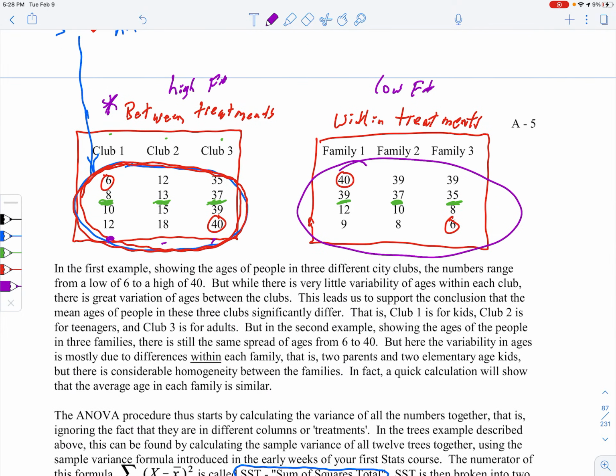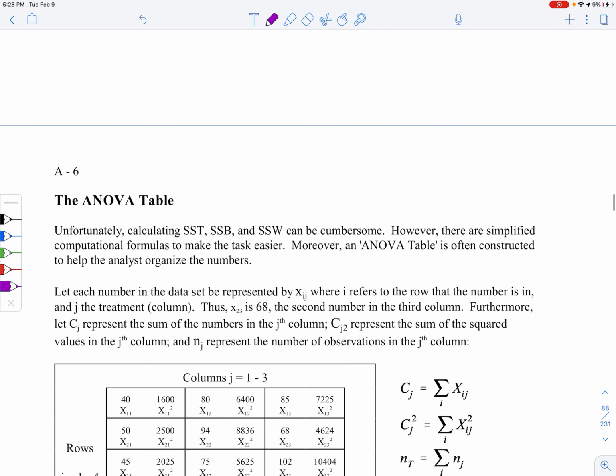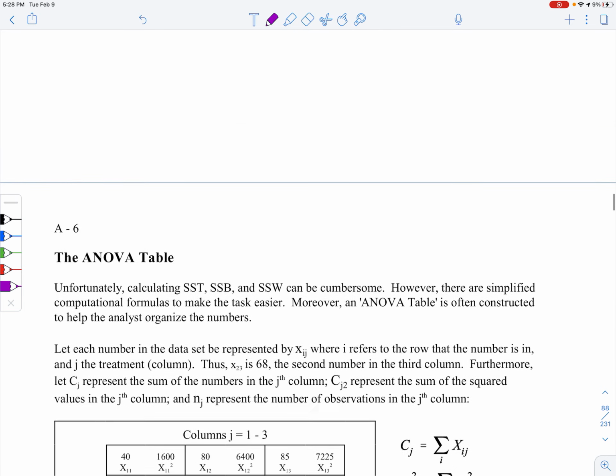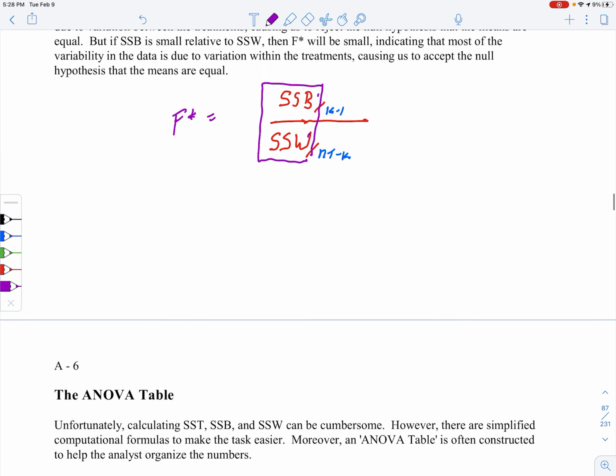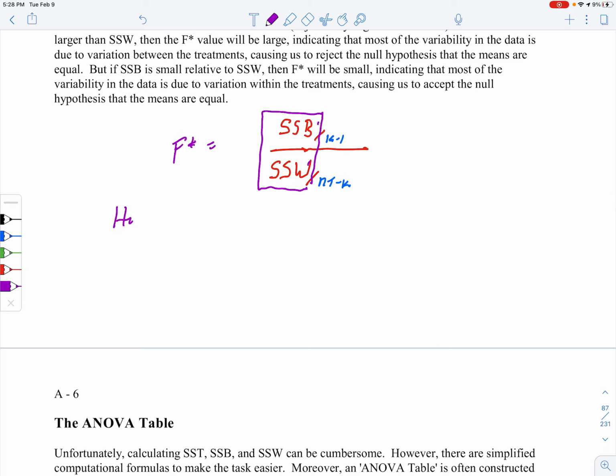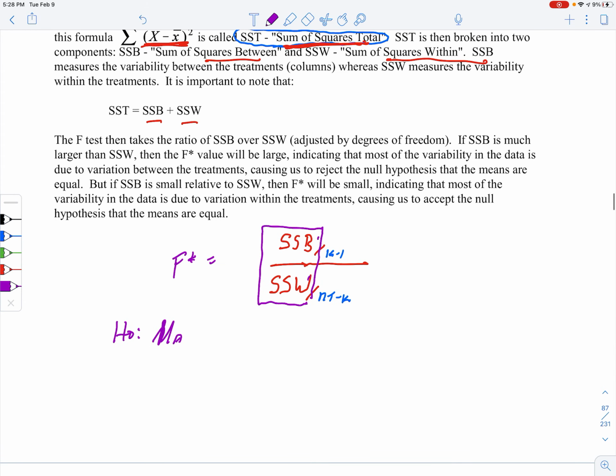Now, what does that have to do with means? Well, when you take a look at the original H0 and HA, let's take a look at the clubs and the families. Sorry, let's back up here.